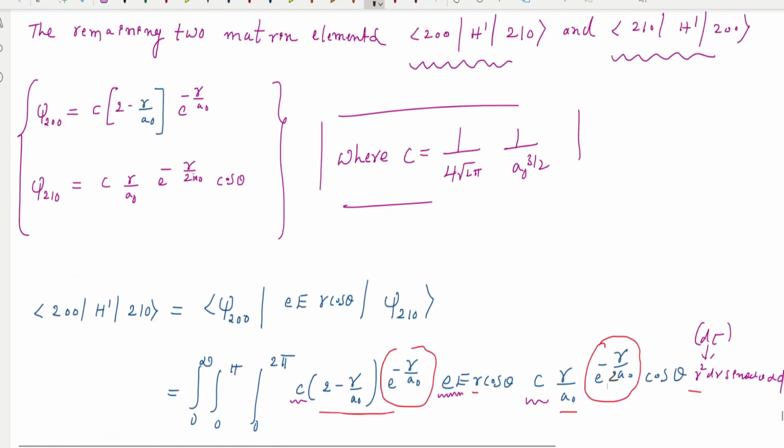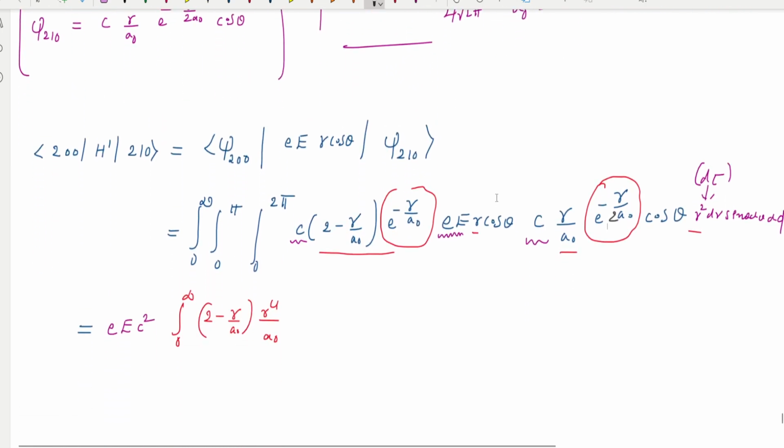See here, 2a naught. These are all r terms. e power minus r divided by a naught minus r divided by 2a naught into dr.